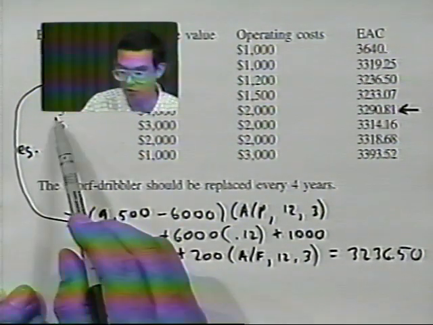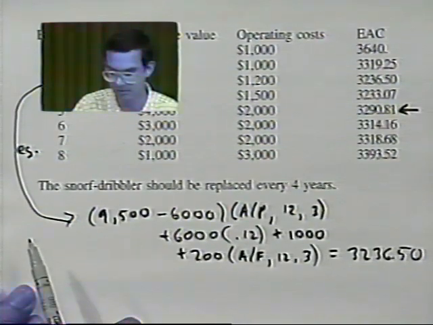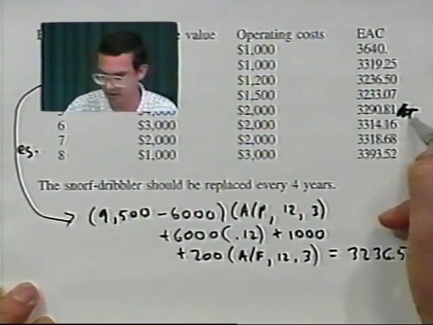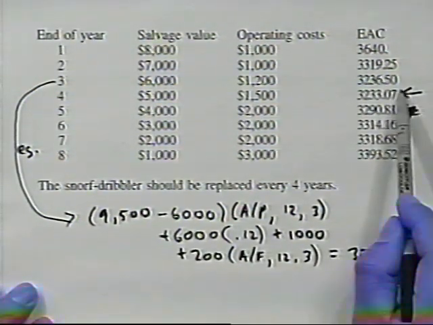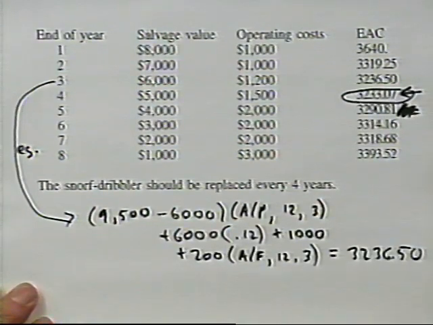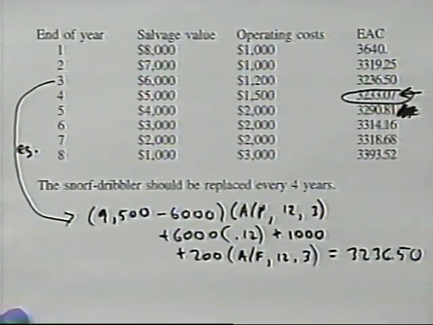So we want to replace this every 4 years, of course, because the 32.33 is the cheapest in that list. So it's every 4 years we want to replace that Snorf dribbler. That's the minimum equivalent annual cost for each possible number of periods of replacement.